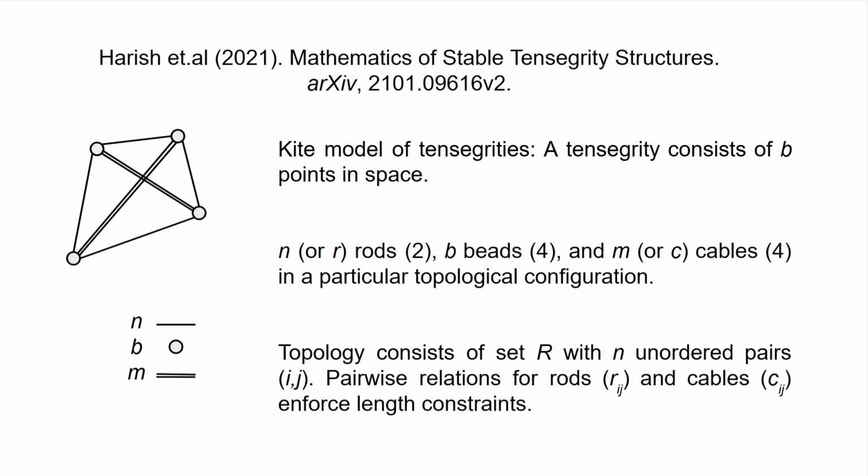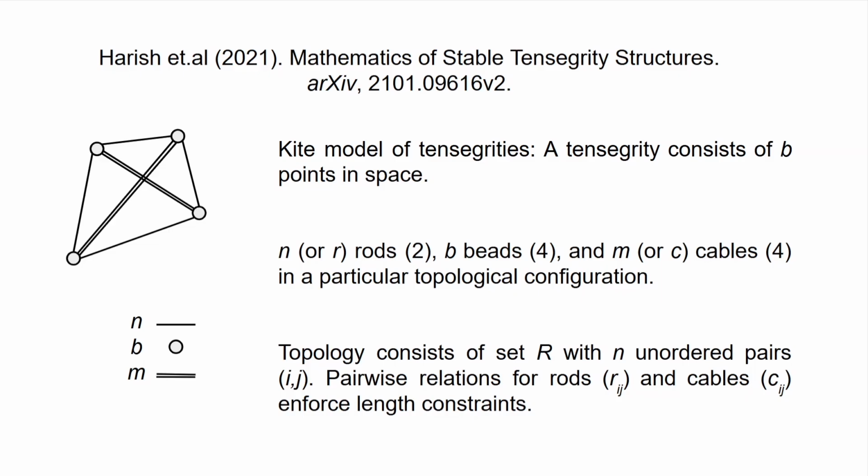So they can take a kite and visualize a very simple tensegrity, and then classify the different components. So a kite model shows us that a tensegrity consists of B points in space.